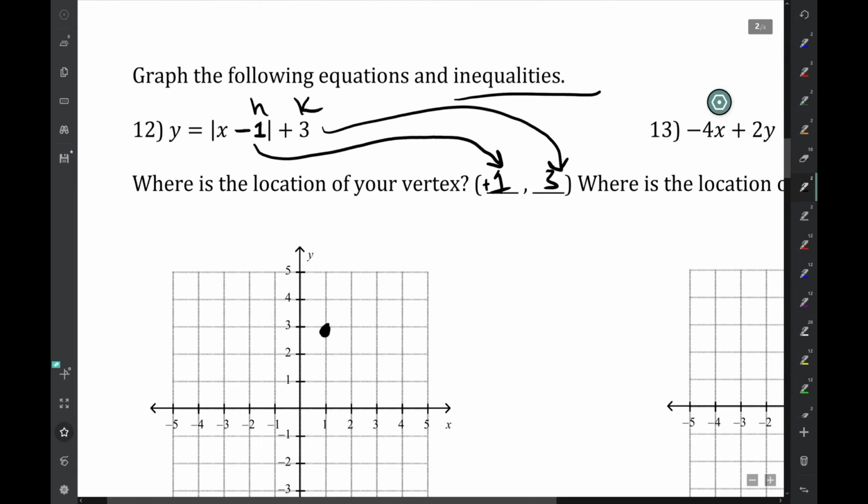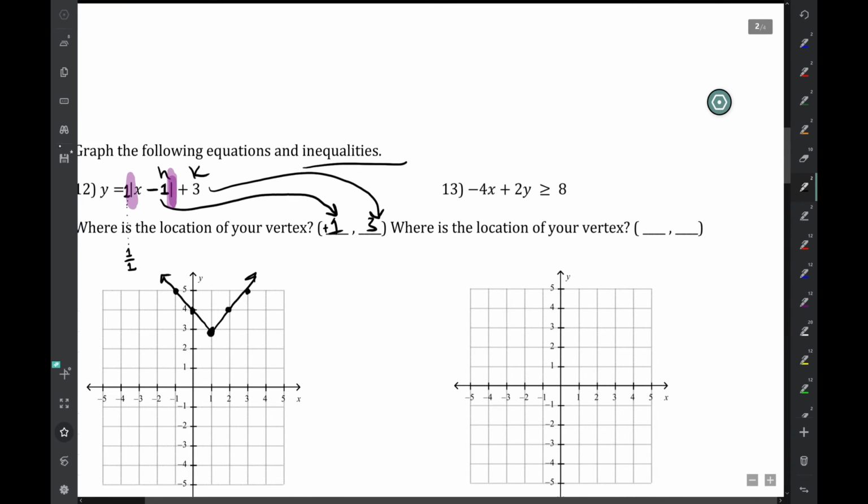Next up is your slope, which is not here, but technically it's 1. So your rise over run. Rise 1, rise 1. Its absolute value. Again, type it into your calculator, and you will see it looks like a V. Okay, so this is the graph.